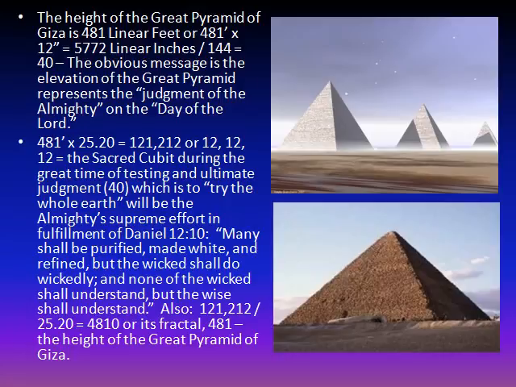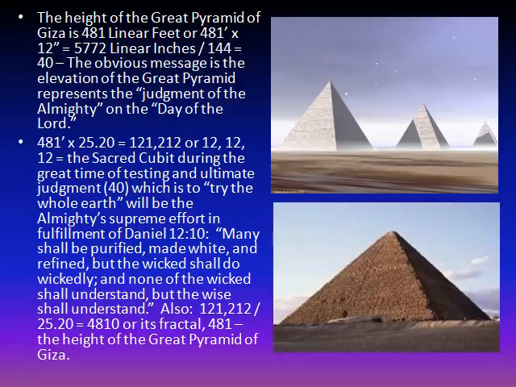The sacred cubit during the great time of testing and ultimate judgment, 40, which is to try the whole earth, will be the Almighty's supreme effort in fulfillment of Daniel chapter 12 and verse 10, where it says, "Many shall be purified, made white and refined, but the wicked shall do wickedly, and none of the wicked shall understand, but the wise shall understand."